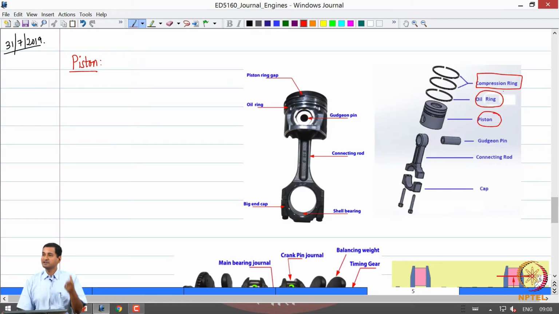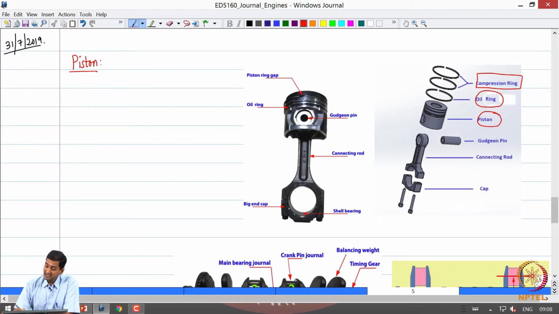Not only that, it enables smooth motion of the piston on the cylinder walls. An oil ring helps to wipe the lubricating oil on the inner surface of the cylinder, and that helps in the lubrication. That's the function of an oil ring.